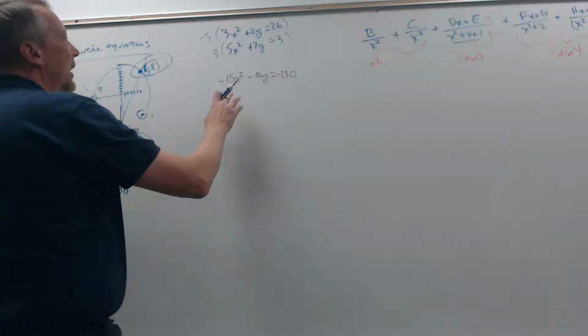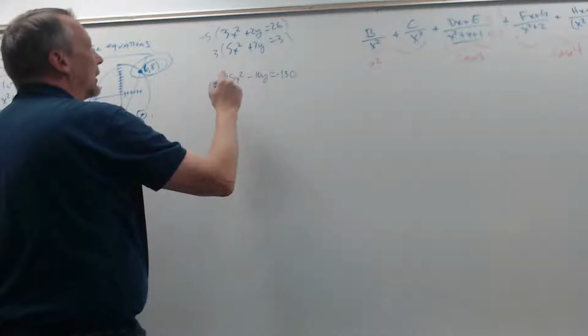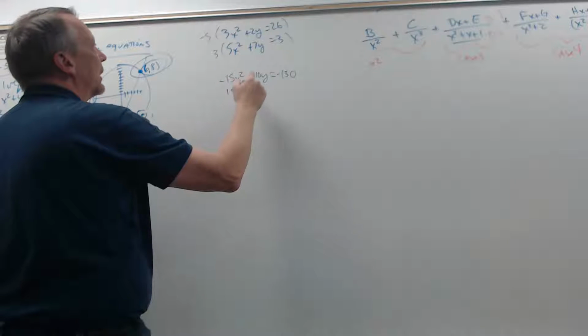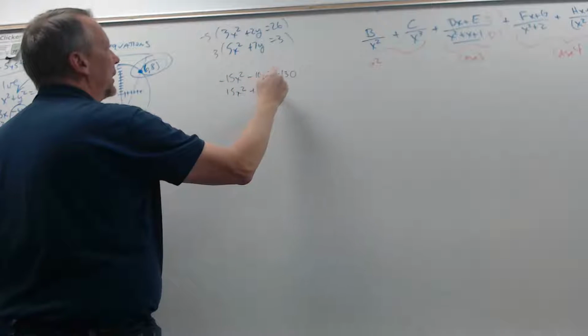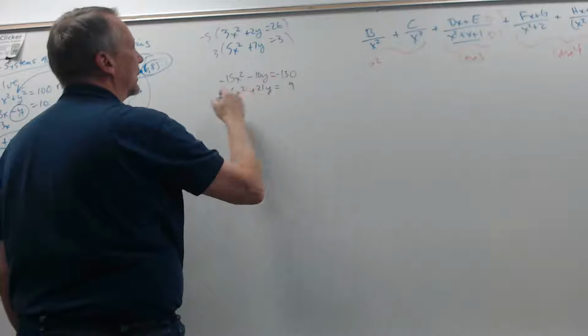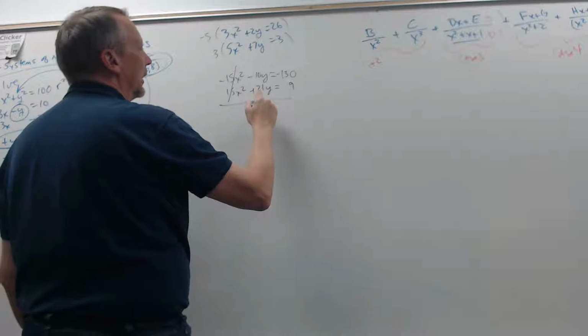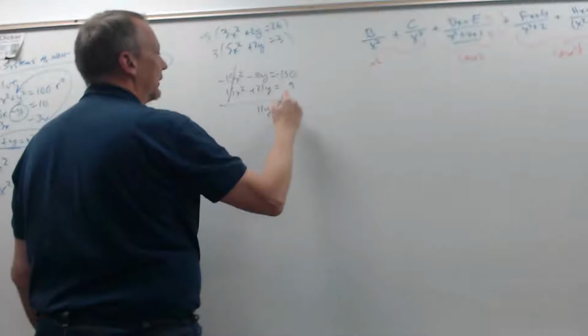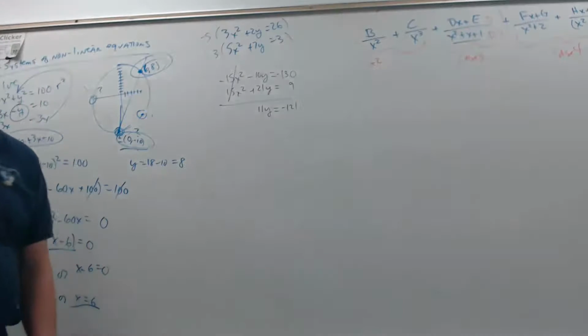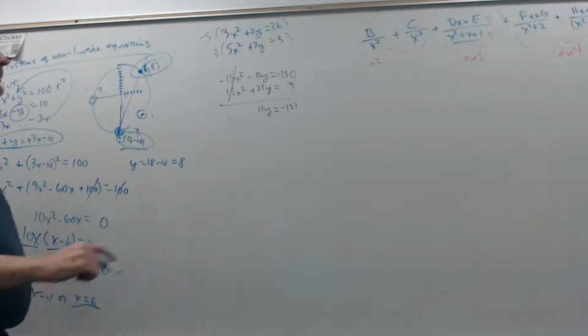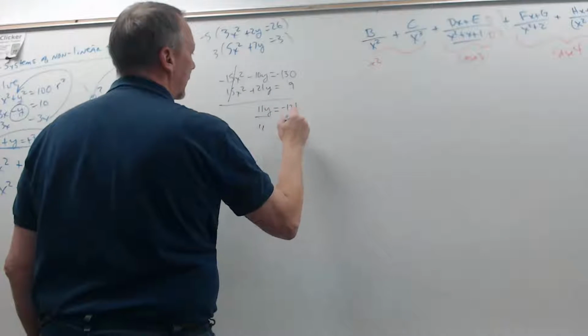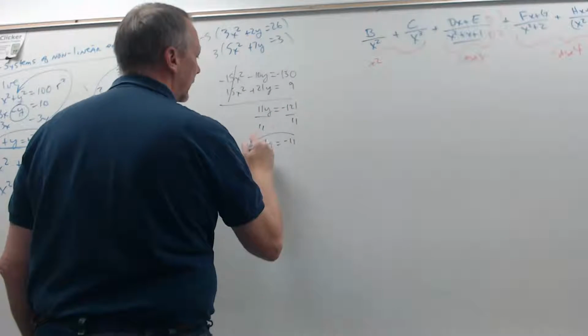On the bottom one, we're going to get 15x squared plus 21y equals 9. Okay, that goes away. I'm going to get 11y equals negative 121. Divided by 11, y equals negative 11.